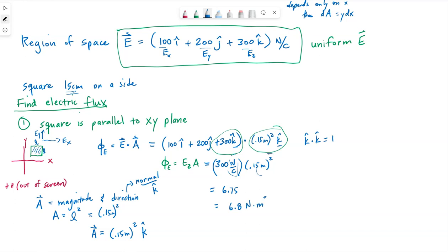The units are newtons times meters squared per coulomb. That would be the electric flux through this square. That's not going to be the electric flux if we change the orientation of the square. And that's what we'll look at next.